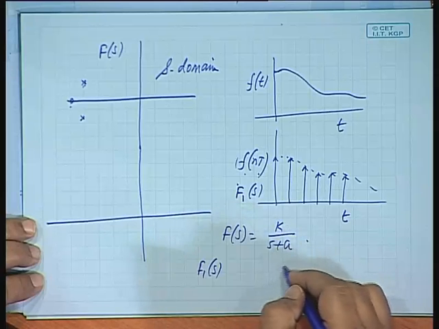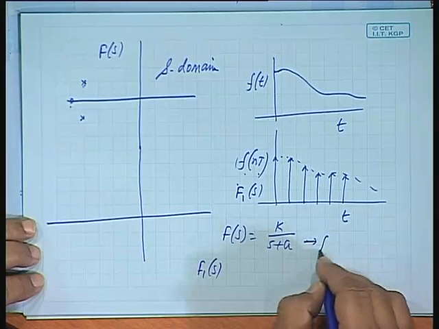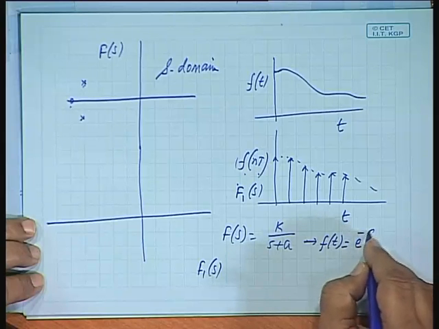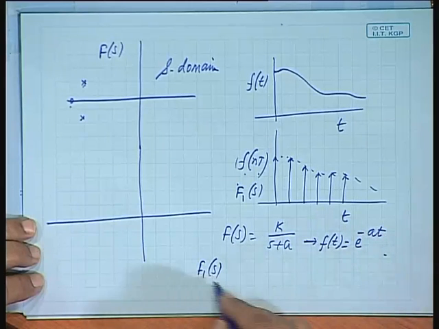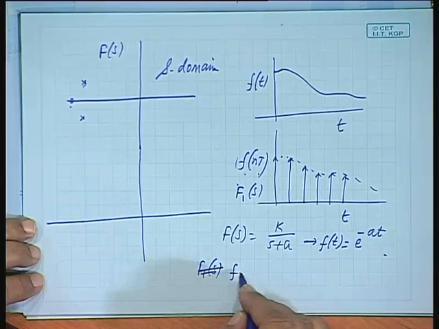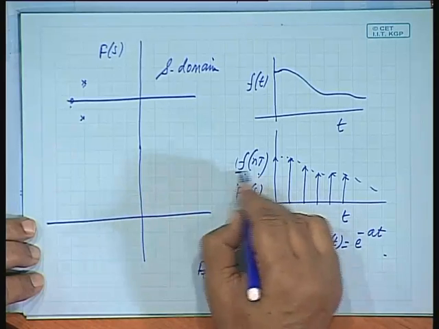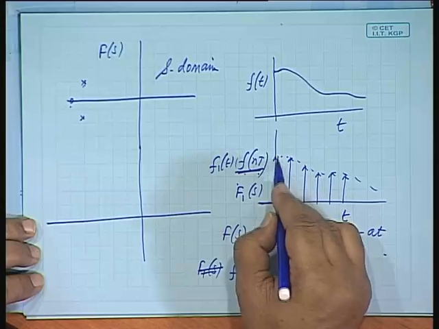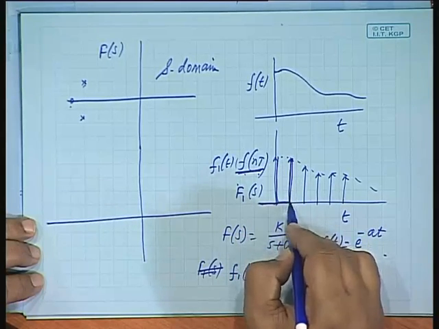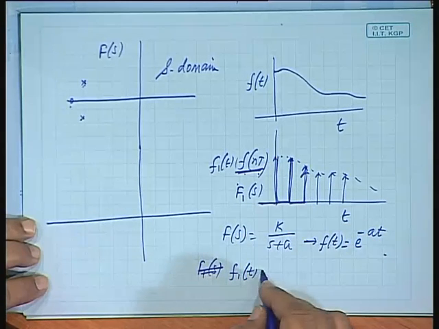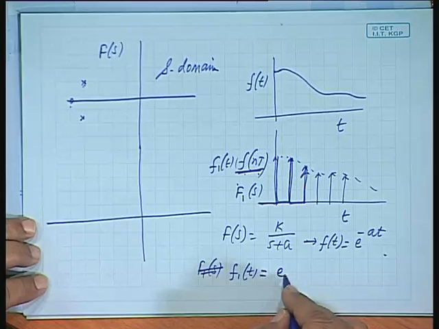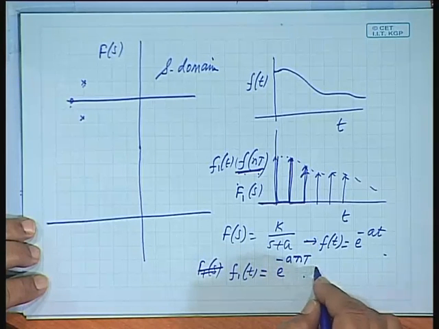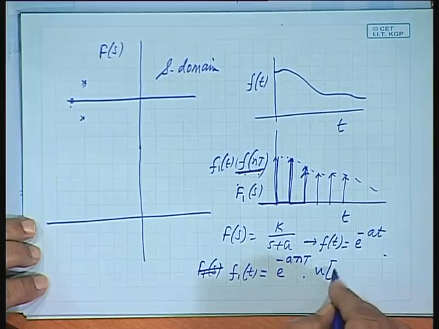If it is k by s plus a, corresponding f(t) is e to the power minus at. So, what is f1(t)? If I call it f1(t), this is also a function whose values are like this, 0 here, again this. So, f1(t) is e to the power minus a n T into u(n).